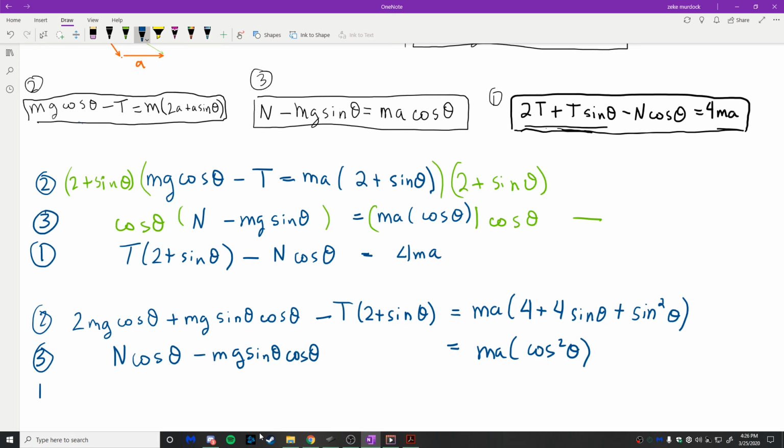So it's still just, I'll write it right here, t times 2 plus sine theta. And then we have a negative n cos theta, so I'm going to write that one right here. This actually stacked up pretty well, so plus this is equal to. Things lined up the way I want them to.